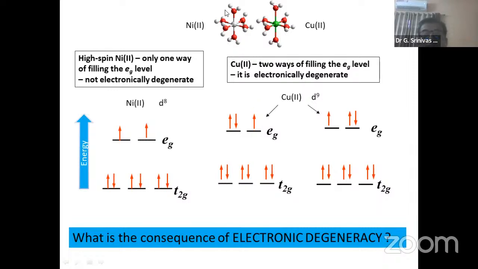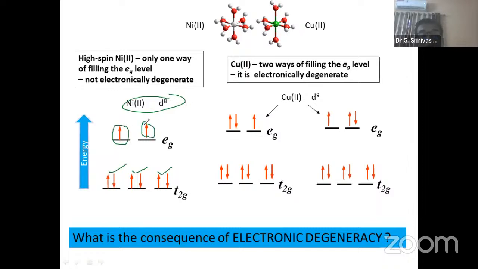Here also I will take the annotation so that I can easily explain this. So the nickel d8 electronic configuration, 8 electrons will be filled like this. This is 2, this is 2, this is 2, that is t2g6 and eg1 and eg1.